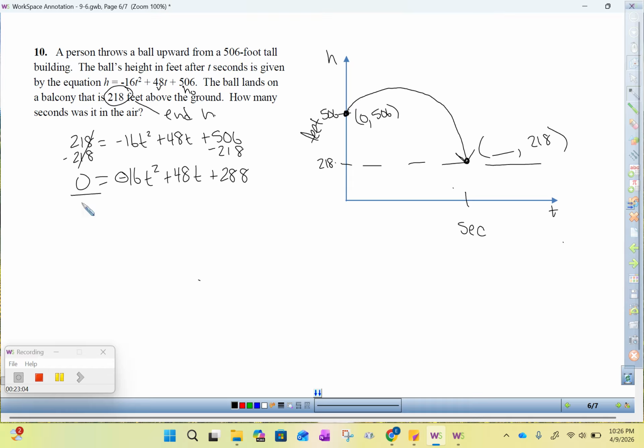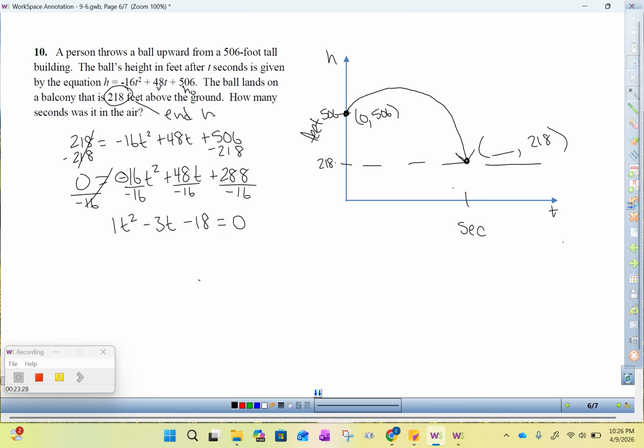So I'm going to divide by a negative 16 on all of these. Okay, this first one I'm calling 1 t squared, or just t squared. They cancel out. 48 over negative 16 is negative 3t. And then positive over negative, we've got 288 over negative 16 is a negative 18. And then now I'm going to put that as equal 0.